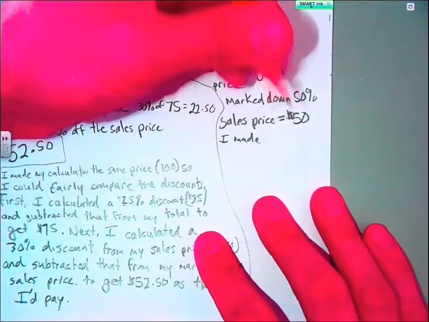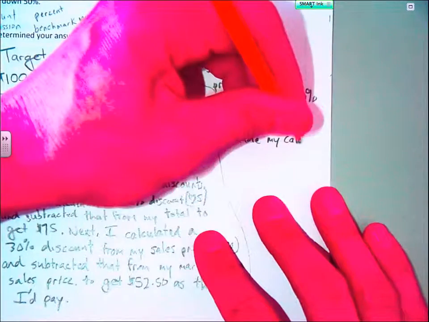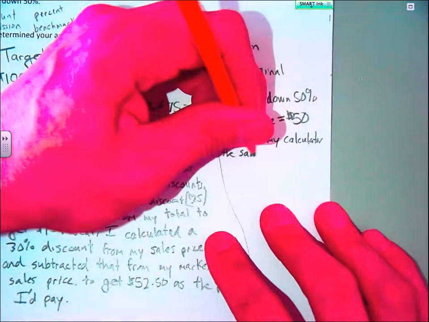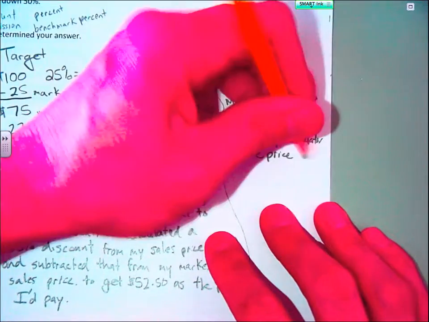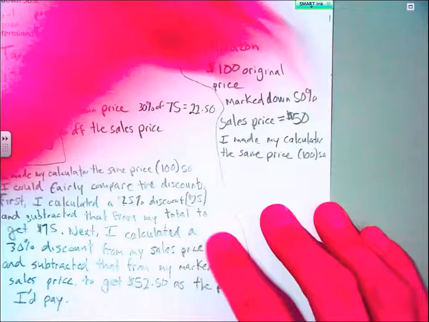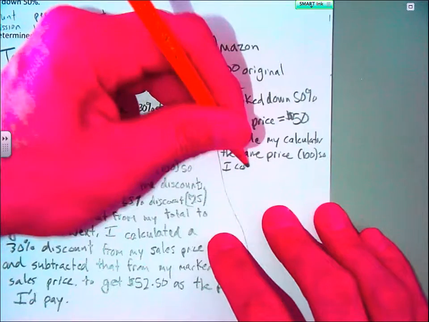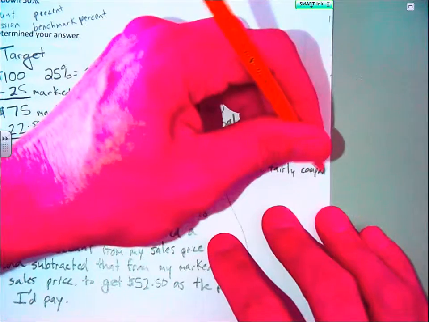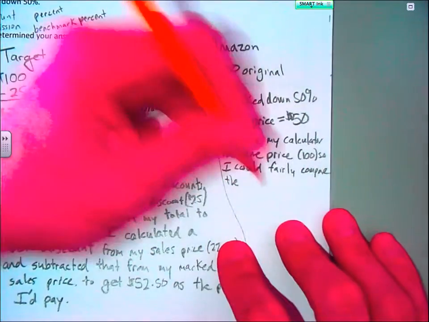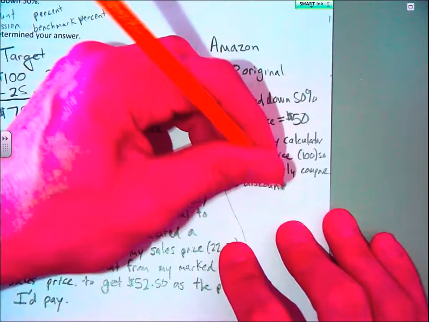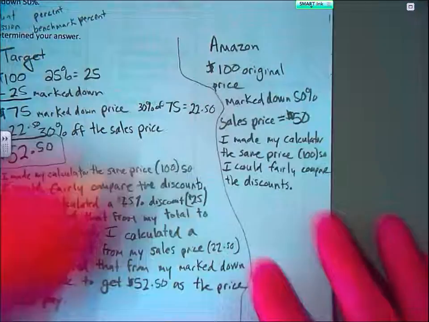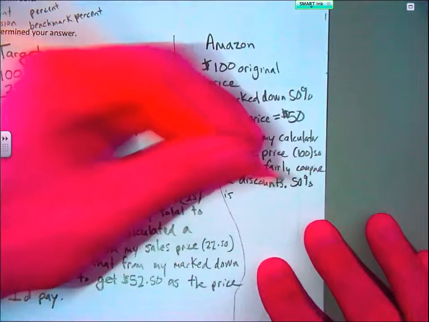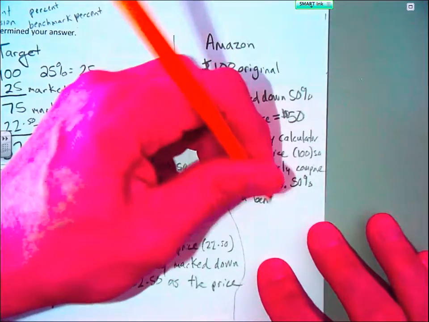I made my calculator the same price, $100, so I could fairly compare the discounts. 50% is a benchmark percent. Huh?